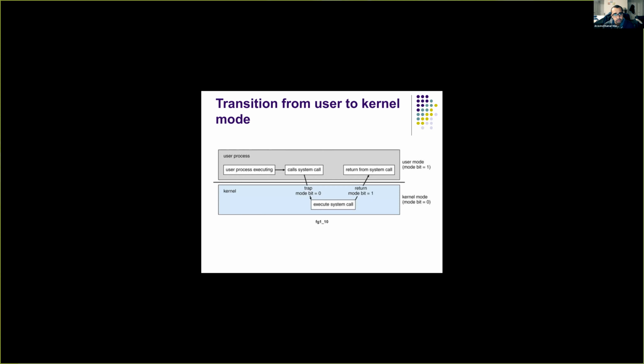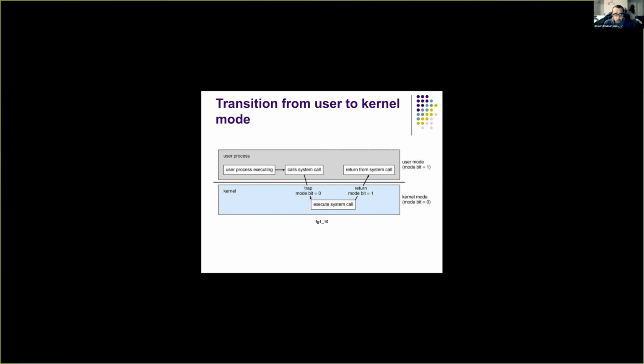And how does a system call get executed? When a user process makes a system call through an assembly instruction, a trap happens. By trap, I mean it's an interrupt that happens in the processor, and then the processor transfers the control to the operating system.